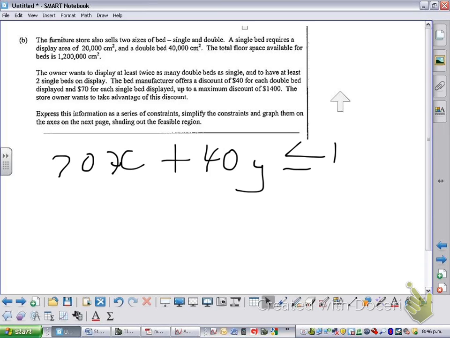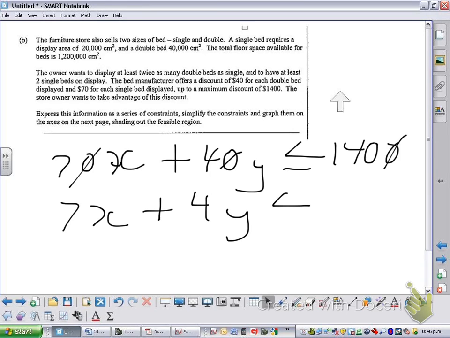So less than or equal to $1,400. And again, you don't have to have this great big thing. You can get rid of these zeros when you write it. So you can have 7X plus 4Y less than or equal to 140. And you can deal with that equation.